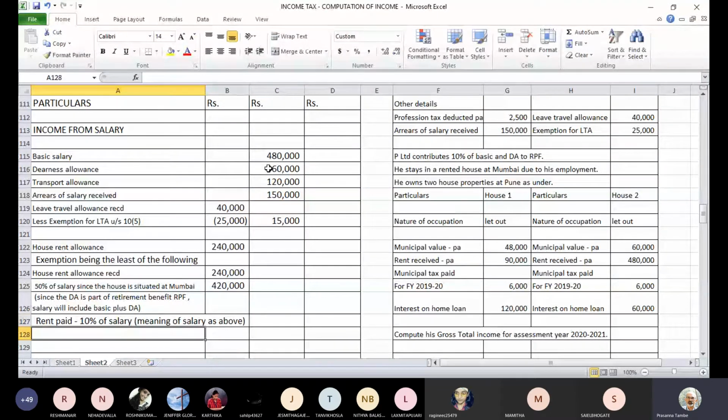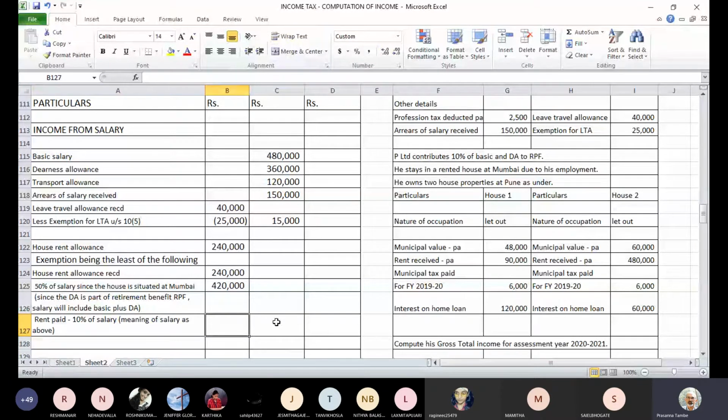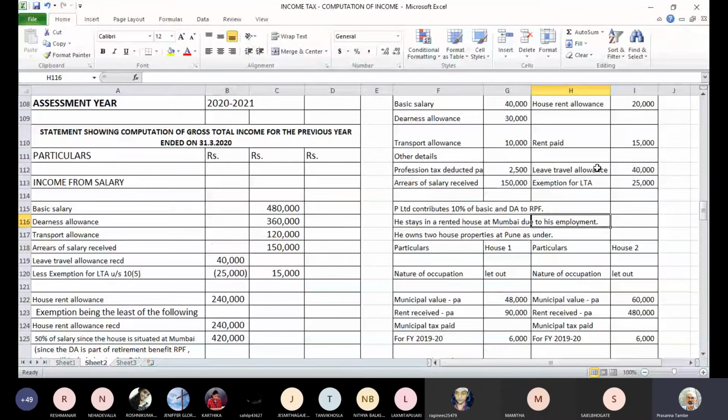It will be the same as above. So let's calculate this factor also. Rent paid. How much is rent paid? It is 15,000 rupees per month. So annual rent will be 15,000 into 12.